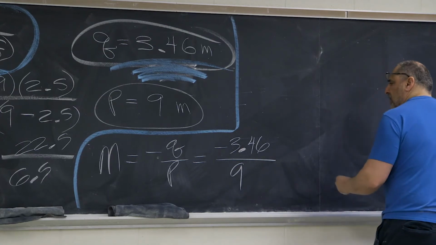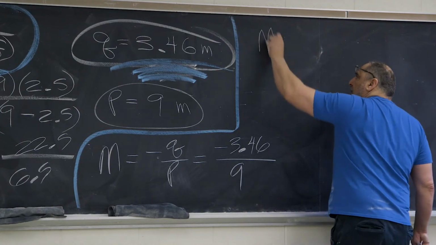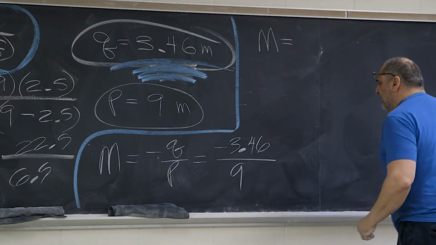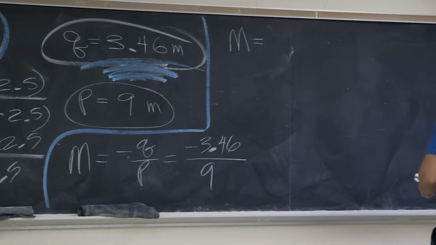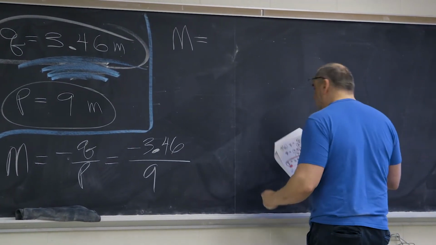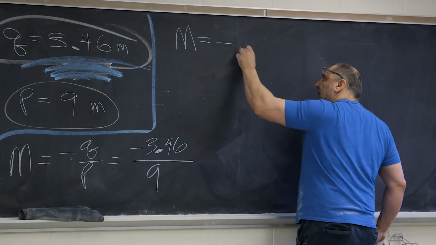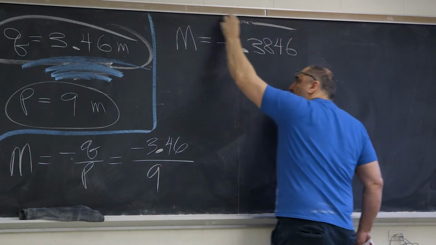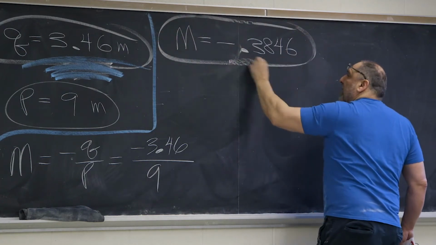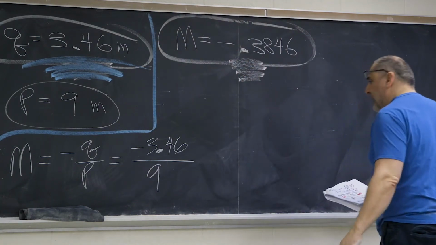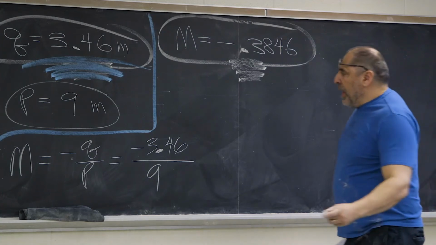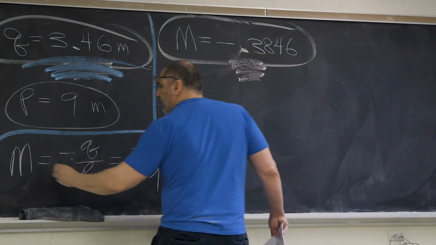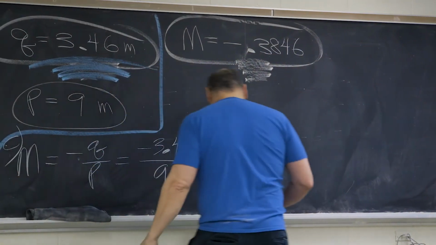And then you go from there. M is going to be negative 3.46 divided by 9, which is going to be negative 0.3846. So there we go. That was B. This is C. Finding the magnification.